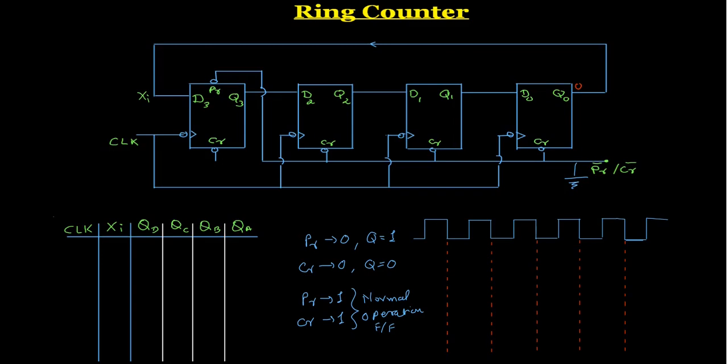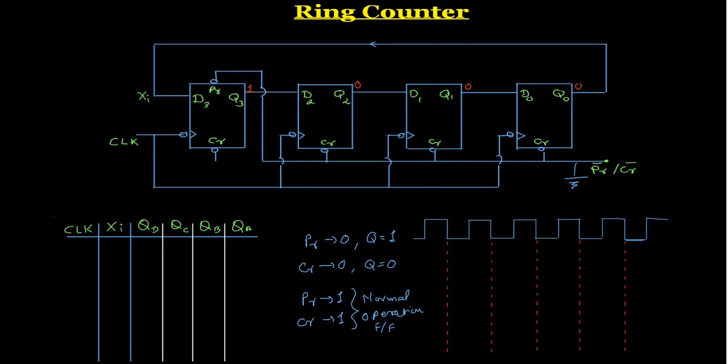In the same way the clear input is given to flip-flop number 1, so this is also reset, and this clear is also given to D2, so this flip-flop is going to be reset. But this low is connected to the preset of the first flip-flop, so this flip-flop is going to be in a set condition. So here we will write a 1 at this position. This is the initial stage of the shift register.